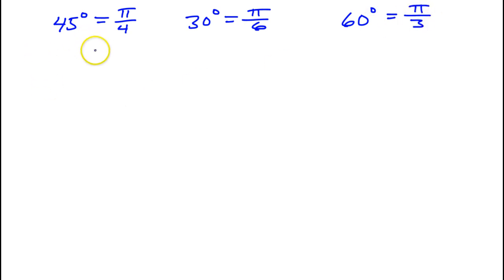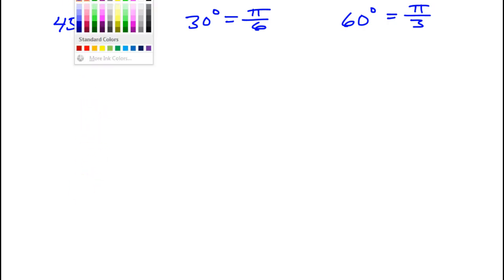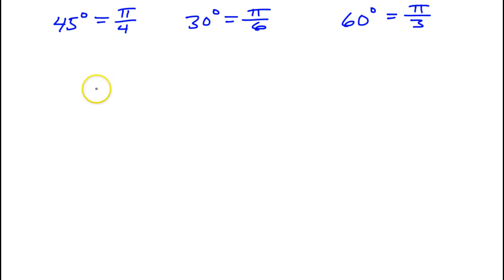Now, for each of these, we're going to have the sine, the cosine, and the tangent. So let me start with the 3 things that you have to just memorize. Okay, you have to memorize that the sine of pi over 4 is 1 over radical 2. Just memorize that.